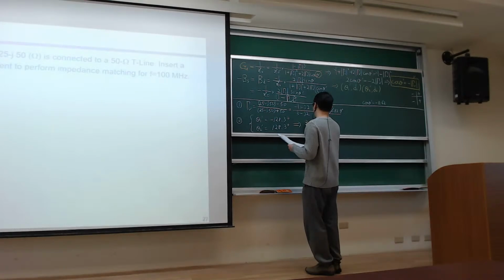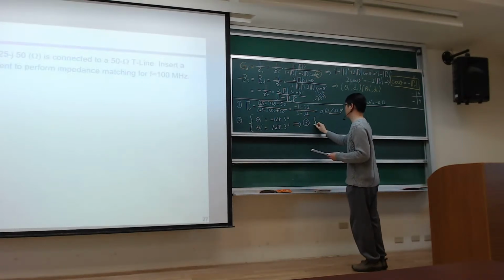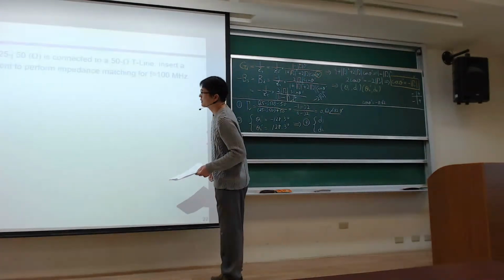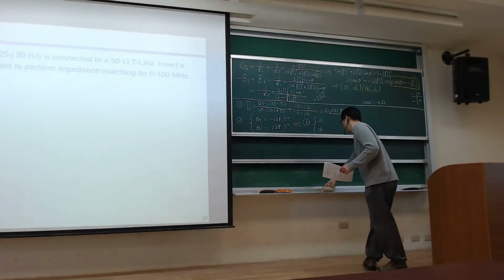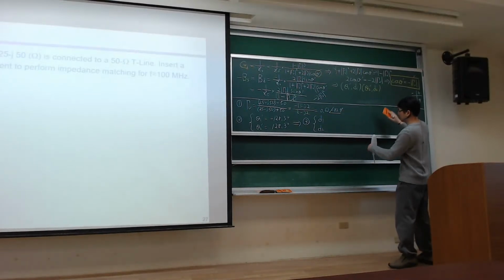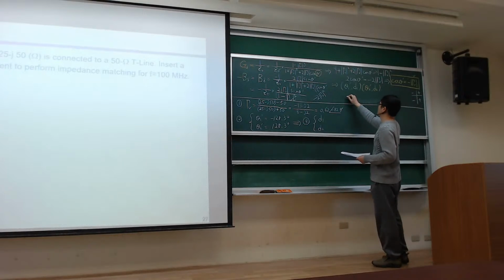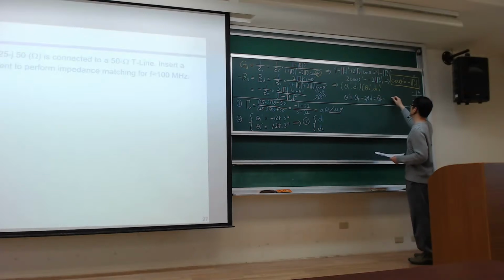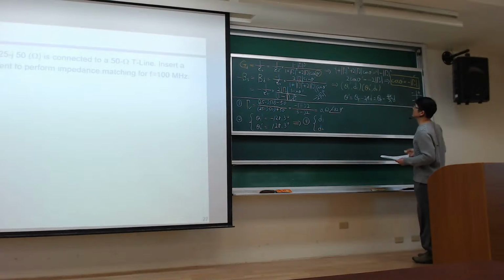So, third step, D1 and D2. Okay, so let me write down this for you. Let me derive for you. So theta prime is defined as theta gamma minus 2 beta d, which is theta gamma minus 4 pi divided by lambda times d.